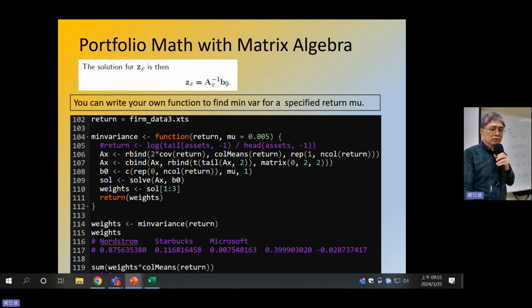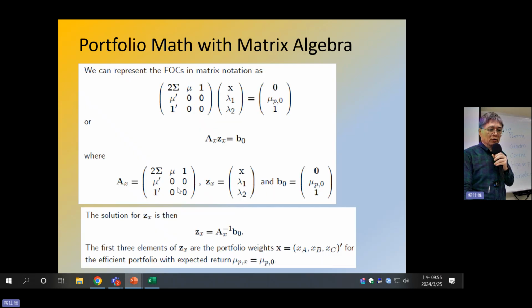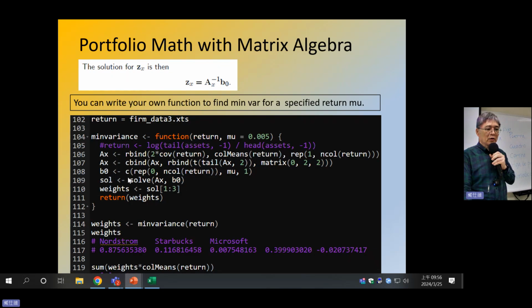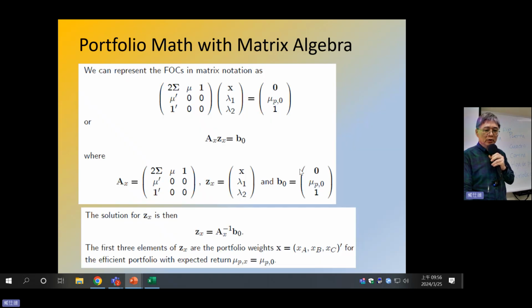What we are trying to generate is the AX matrix here. And then we can also generate B0. So B0 is this vector, we can call this a column vector.